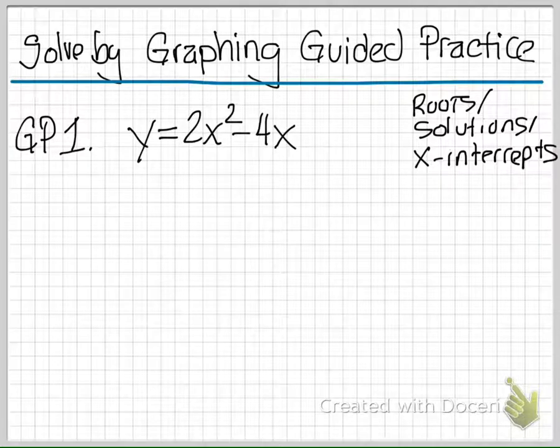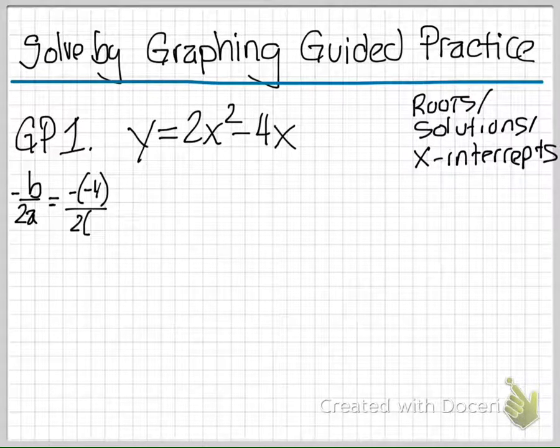So when you solve this equation by graphing, step 1 is to find the x value of the vertex with negative b over 2a. I see that b is negative 4 here, so opposite of negative 4, all over 2a. Well, that's 4 over 4, so x must be 1.